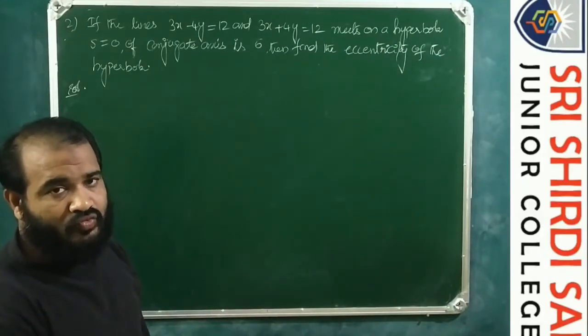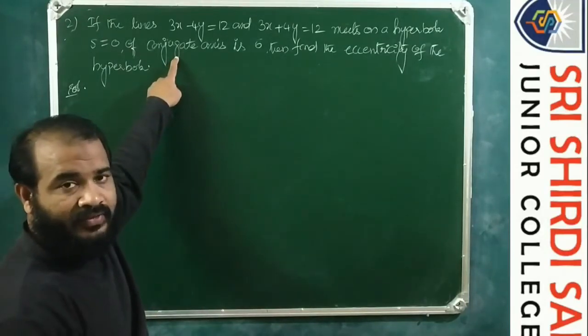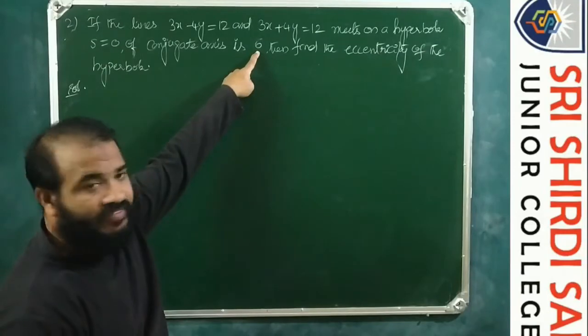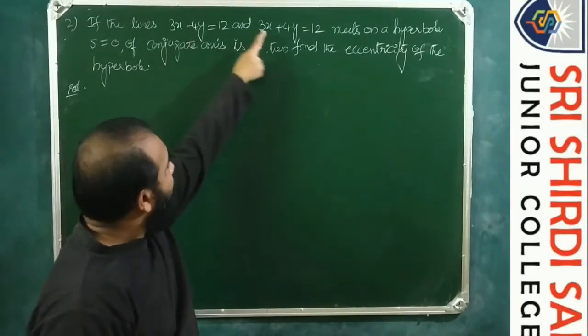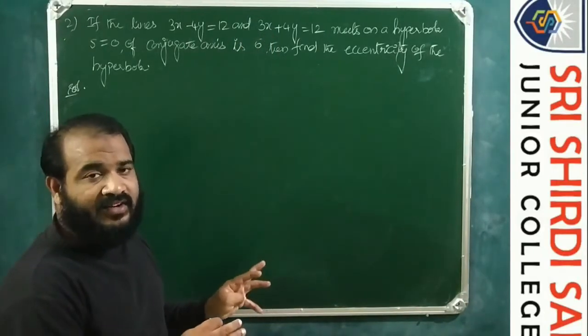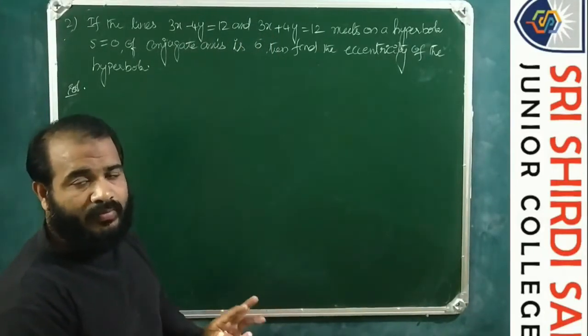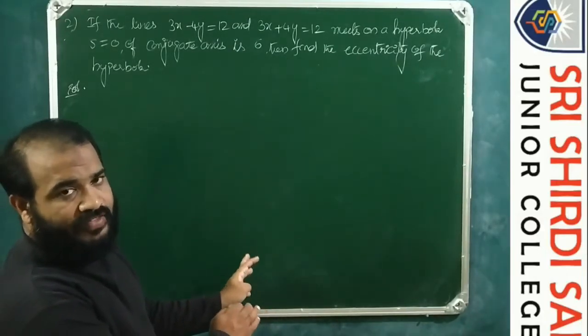The conjugate axis is given, so 2b is equal to 6, b is equal to 3. With the data given, we need to find a, and then eccentricity e is equal to the square root of (a square plus b square) by a square. So this is how we have to solve this problem.